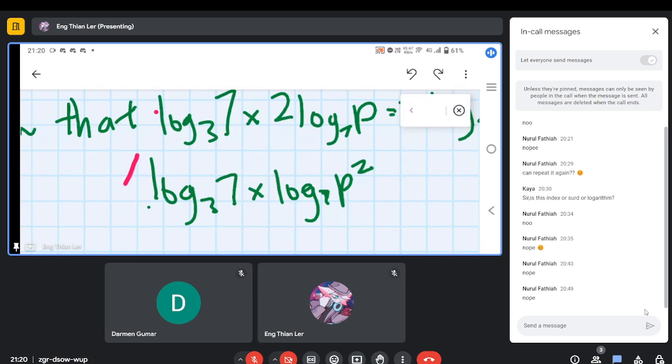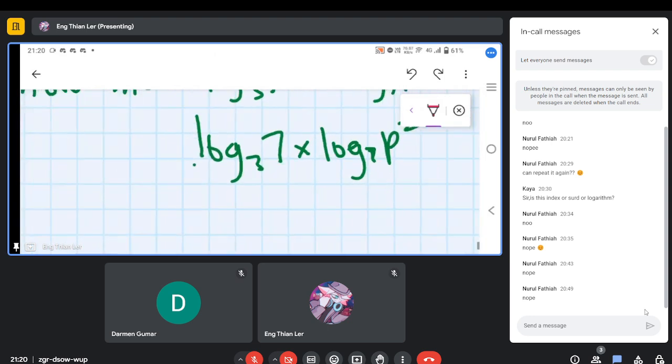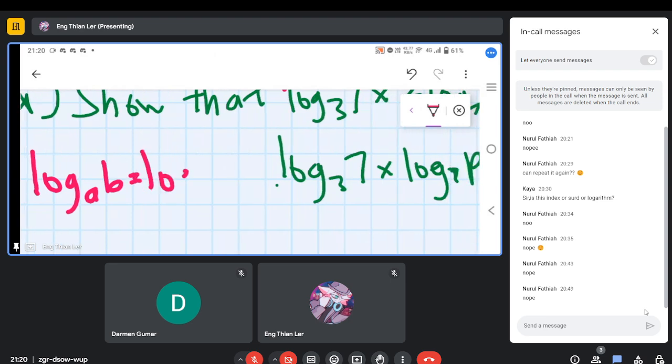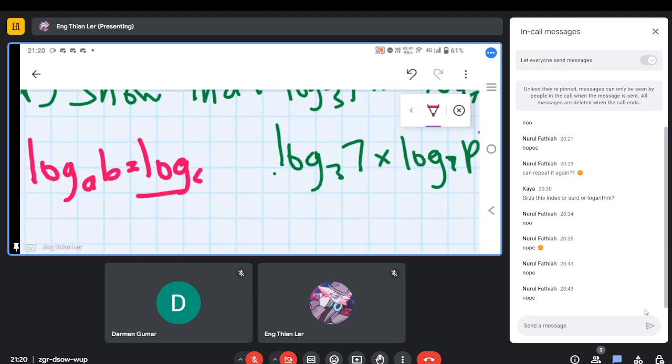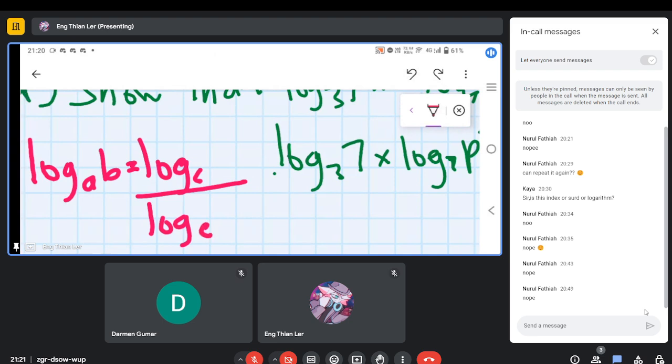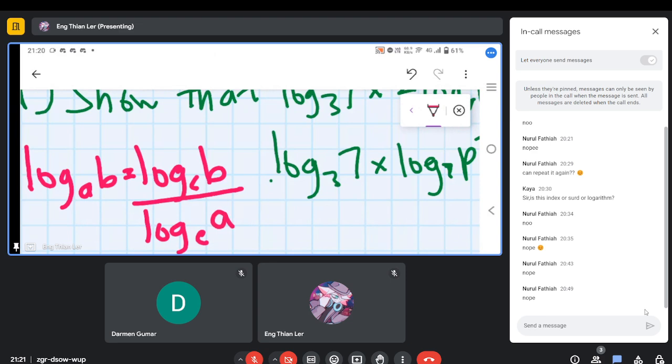So I plan to change this to base 7, by using this concept: log C of B equals log A of B over log A of C, where the upper part will be B and the below part will be the old base.